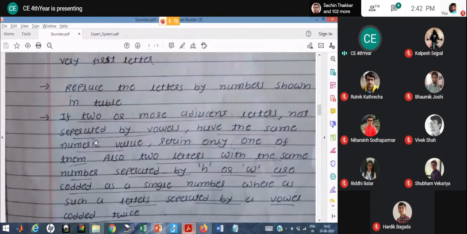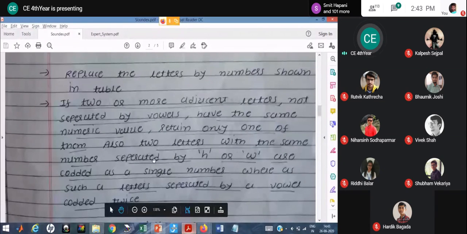Also, two letters with the same number separated by H or W are coded as a single number, whereas such letters separated by a vowel are coded twice. So this is the algorithm. I will explain with an example so that everyone can understand.